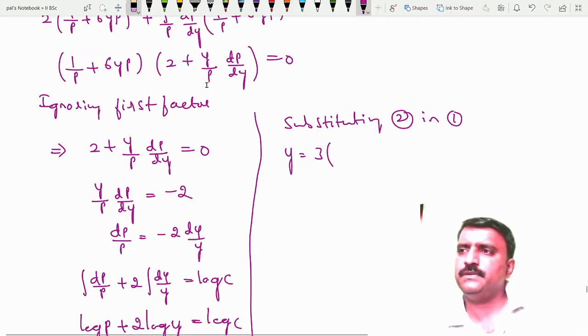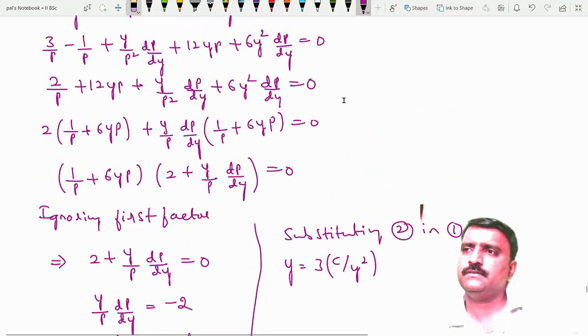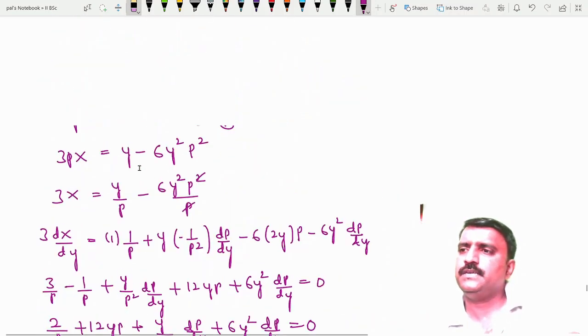So in place of p, you write c by y square.